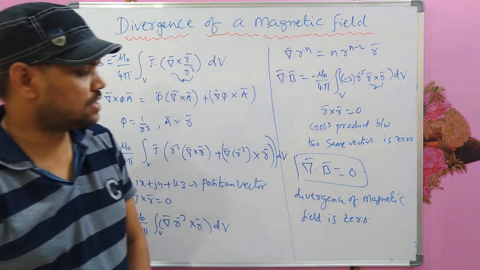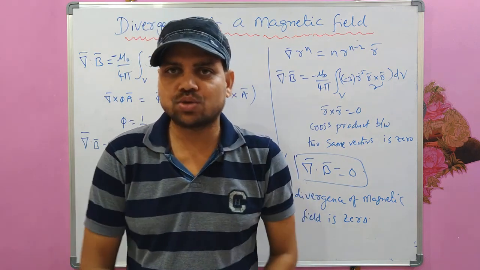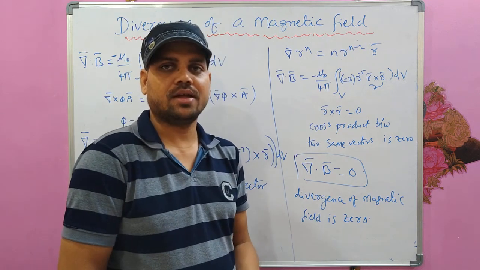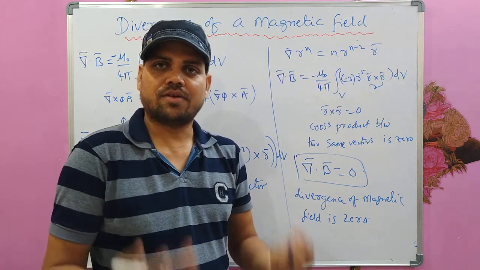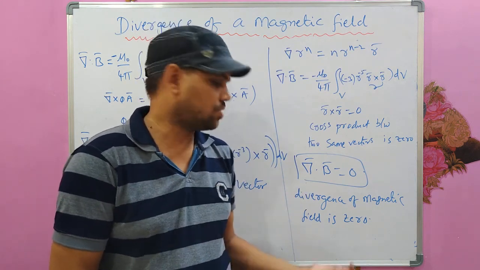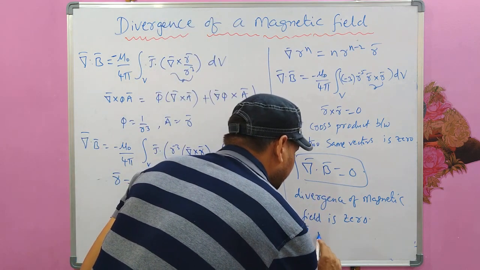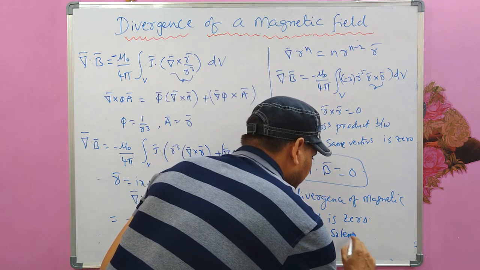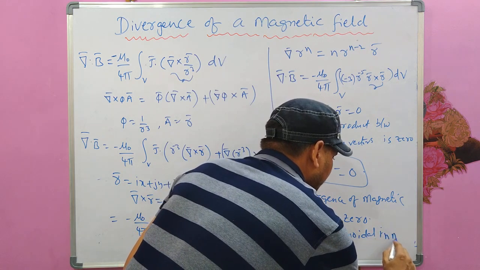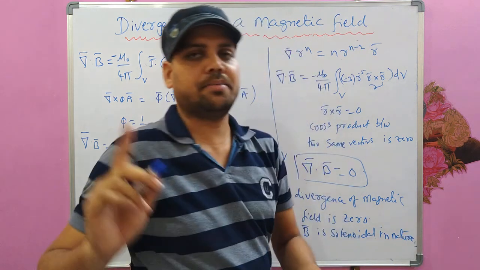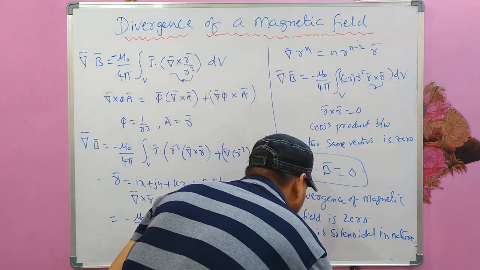What is the meaning of divergence of magnetic field being 0? It means there is no magnetic source or magnetic sink. There is no diverging. Then what is the confirmation from this concept? Del dot B 0 means B is solenoidal in nature, and most importantly, magnetic monopoles do not exist.